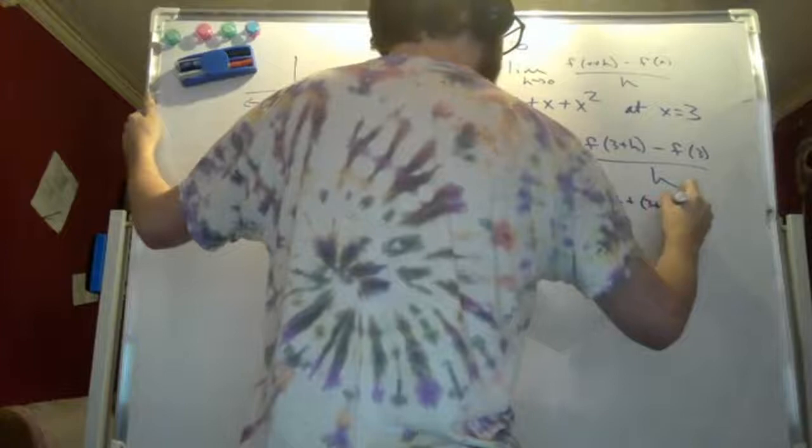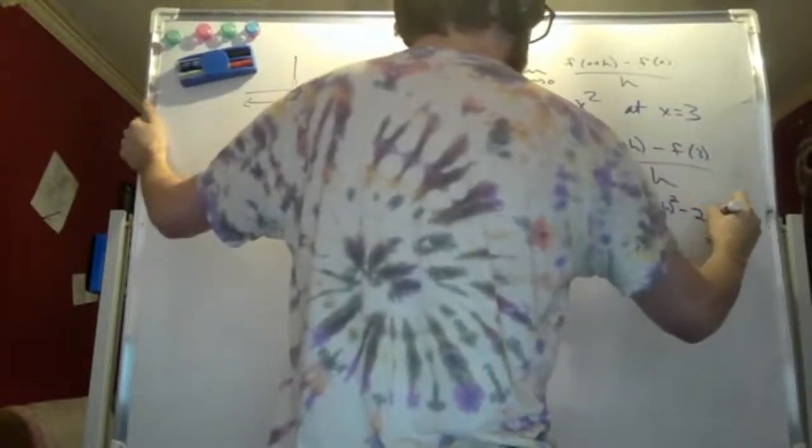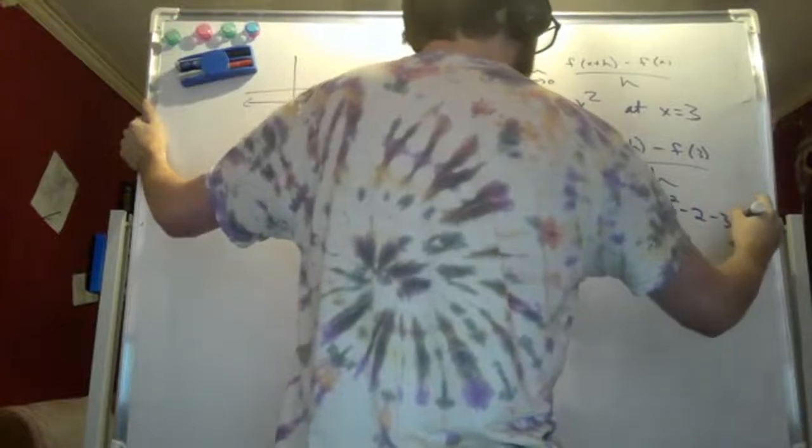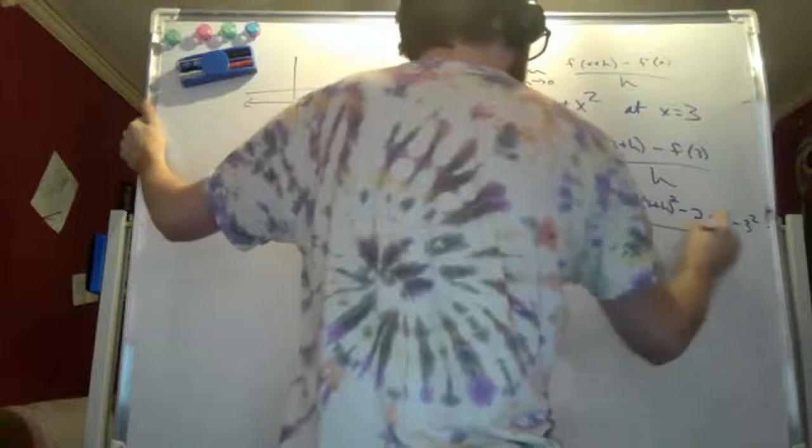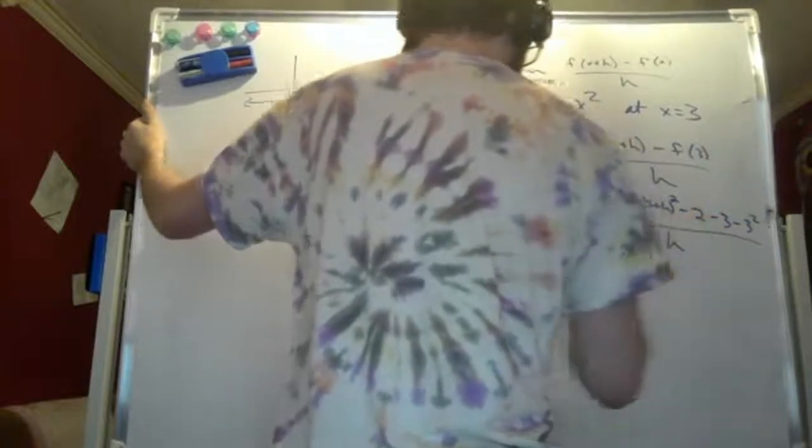And I've got 3 plus h in parentheses here because that x is squared. And then minus what I get when I plug in 3. So make sure you carry that negative here. So minus (2 plus 3 squared), all divided by h.